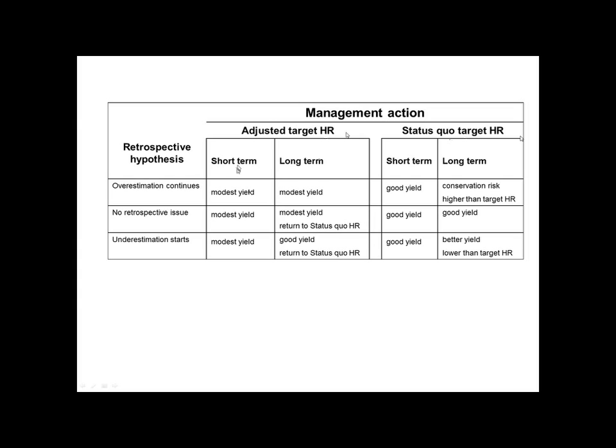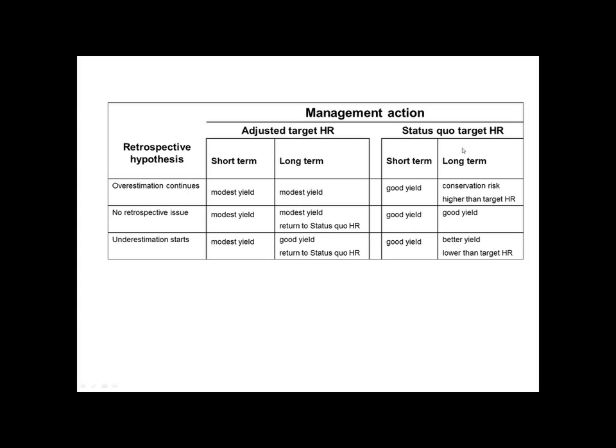In the short term, if we adjust those targets, we expect a modest yield, smaller than last year, or smaller than we would get using the current, unadjusted target harvest rates. In the long term, if the overestimation continues and we use the adjusted target harvest rates, we're trying to cure the symptom, if you will, and we expect a modest yield as well.